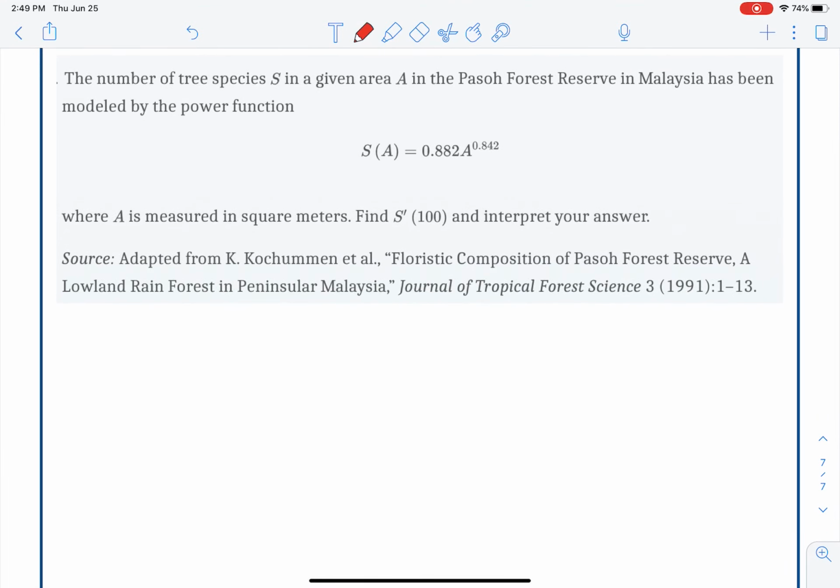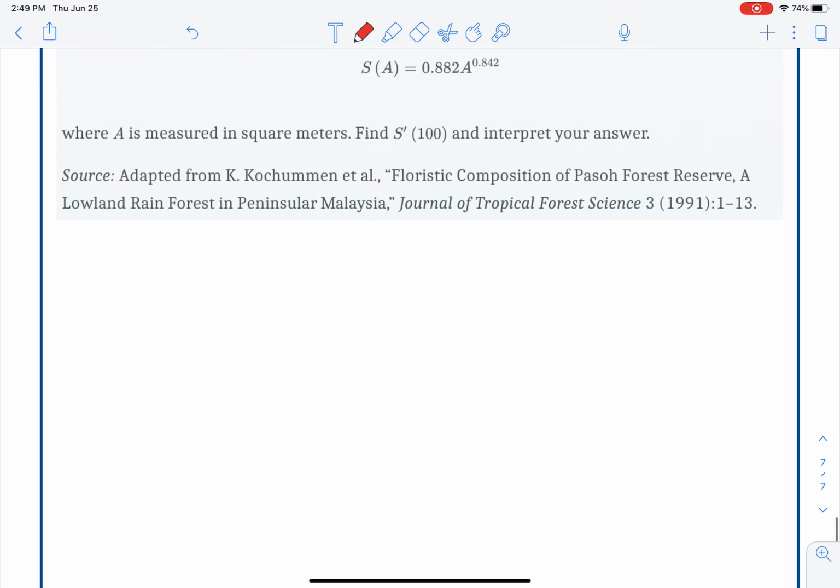So here is another practical example from a journal. The number of tree species in a given area A in the Pasoh Forest Reserve in Malaysia has been modeled by that function, where A is measured in square meters. We have to find S prime of 100.